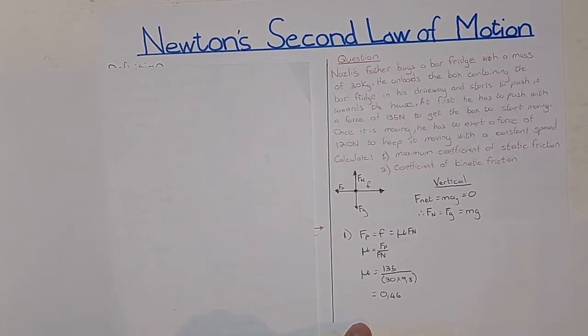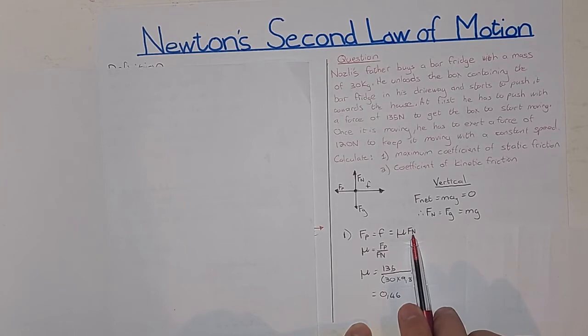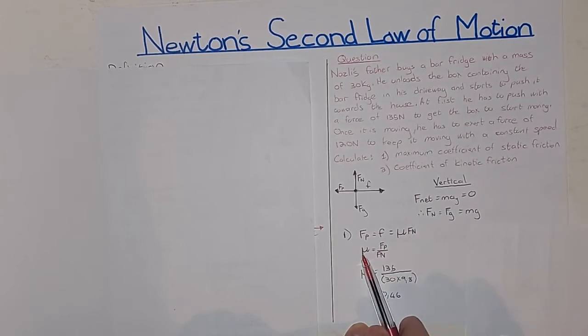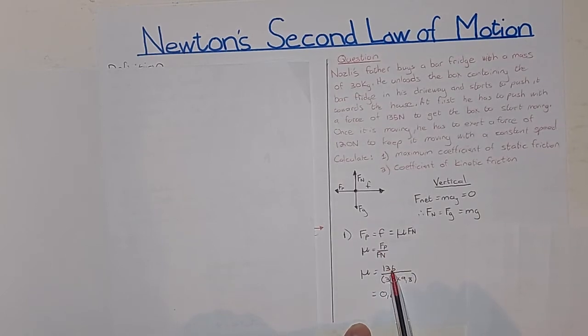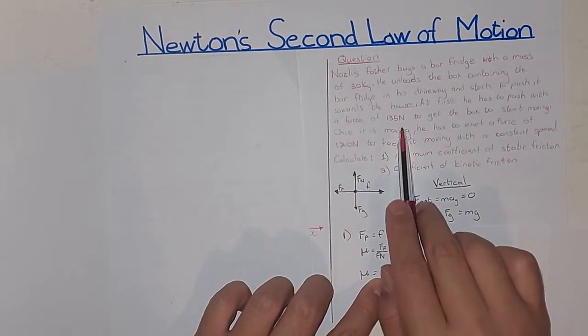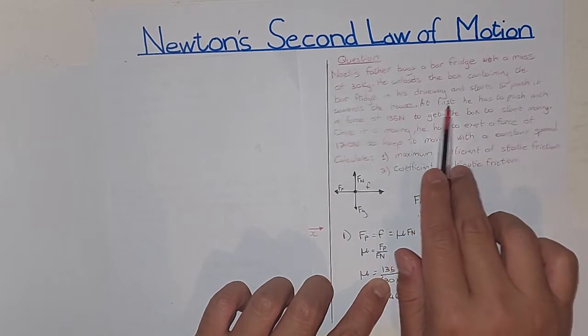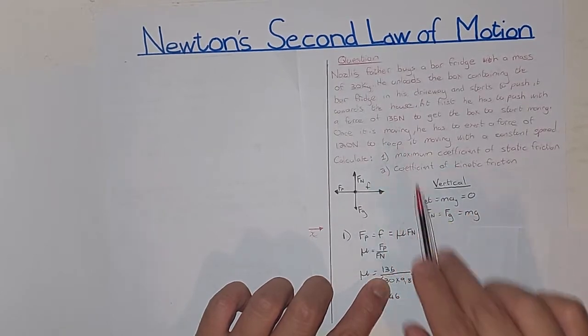Then I'm going to substitute and adjust my formula, so I'm looking for this. So I'm going to divide by Fn on both sides, this side and this side. So you see coefficient is equal to Fp over Fn. My pushing force is 135 newtons. At first he has to push at a force of 135.